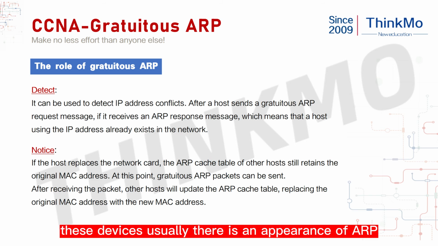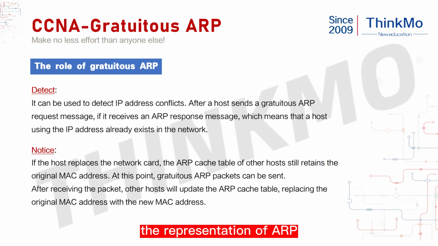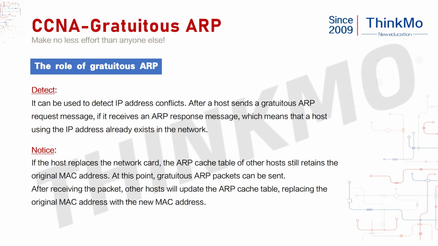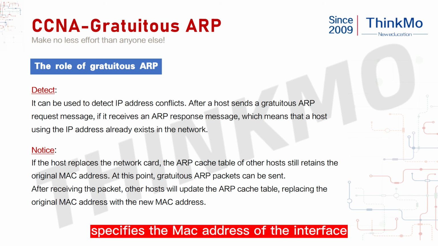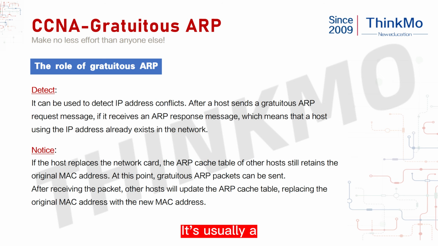These devices usually have an ARP table. The ARP table maps the IP address to the MAC address of the interface. It's usually a mapping like this, used for encapsulation of data or data forwarding.